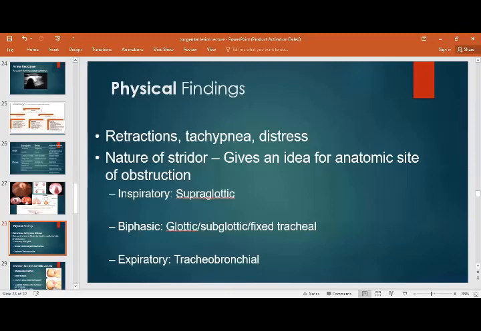Inspiratory, you go to the supraglottic region, where either any foreign body is present or any inflammatory condition. Biphasic, you need to see the mobility of the vocal cord. And expiratory, you will go through thorough auscultation, so you will get an idea about the conditions you can easily pick from there.